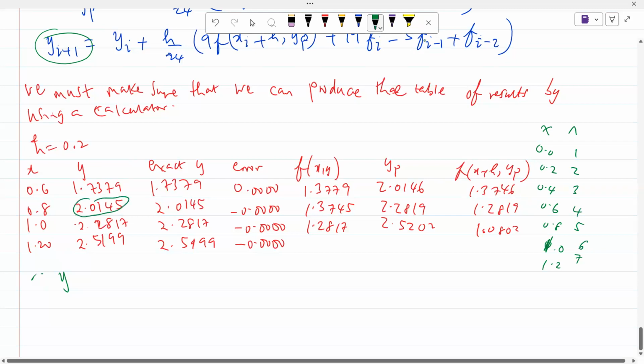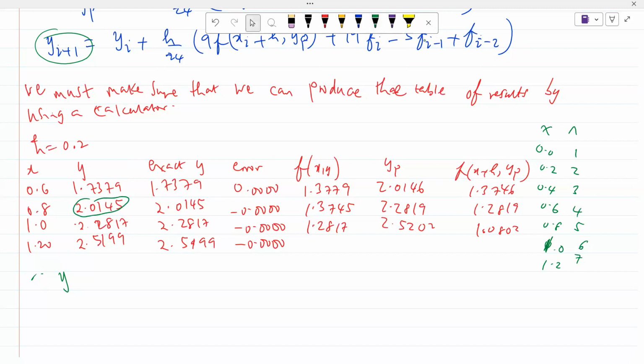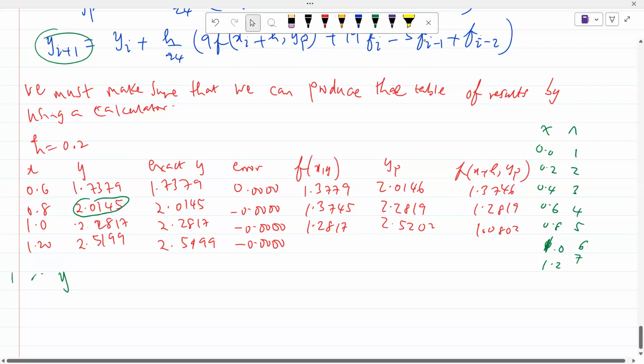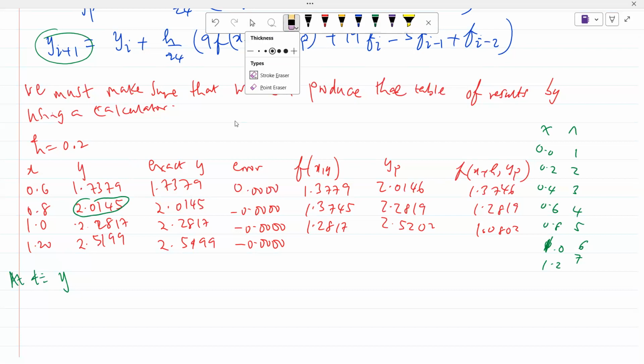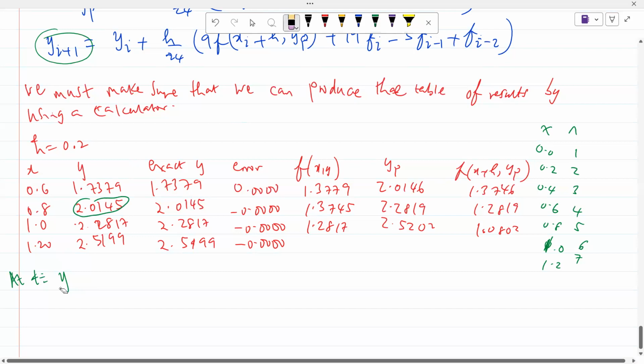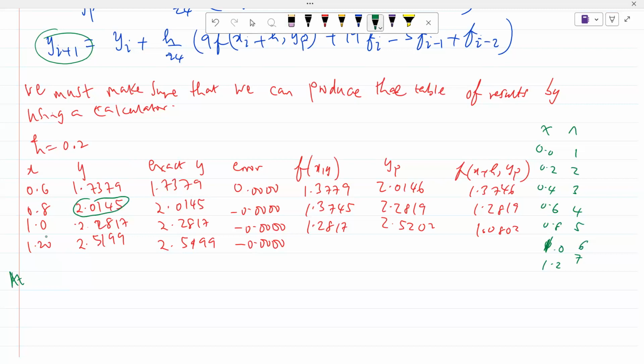So now, what is the meaning of this? So we're gonna say at t equals something.